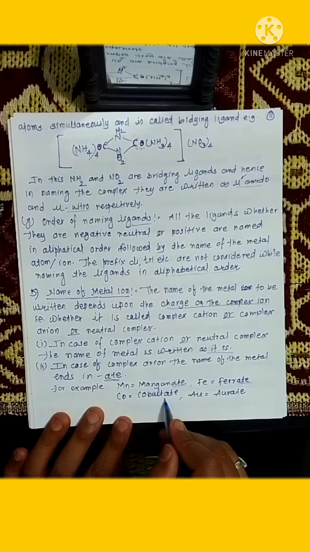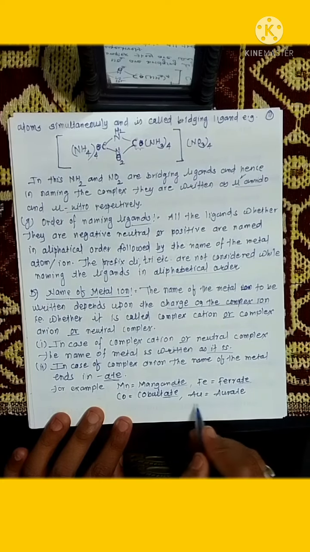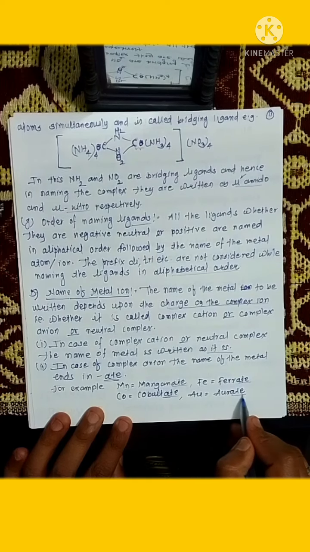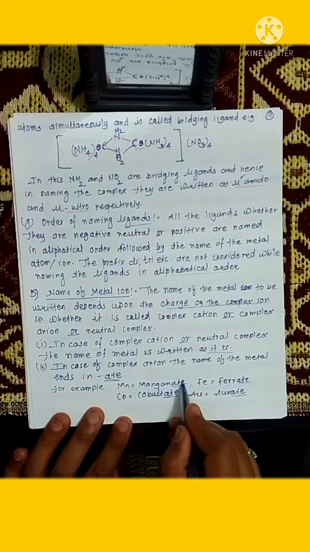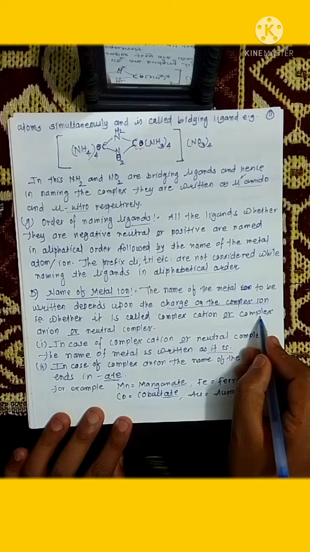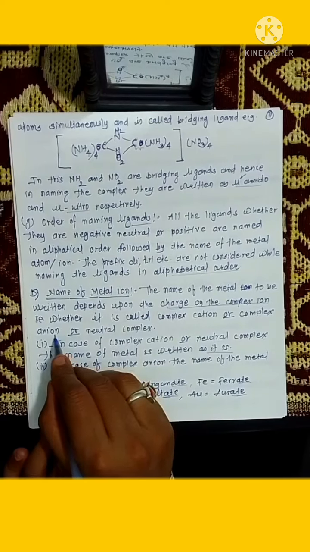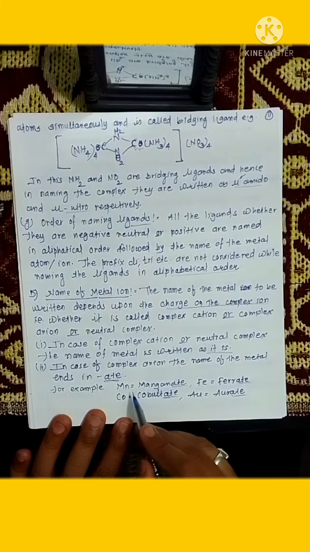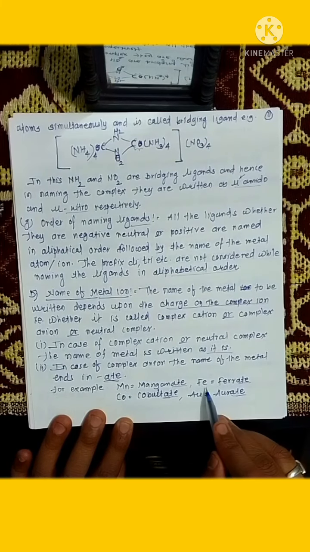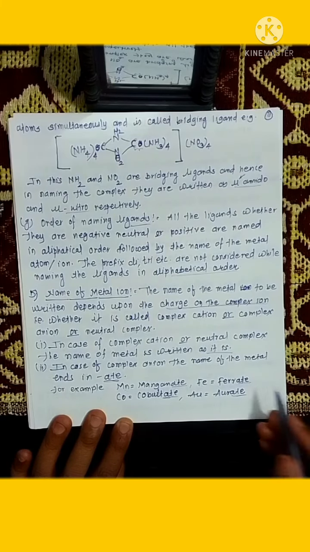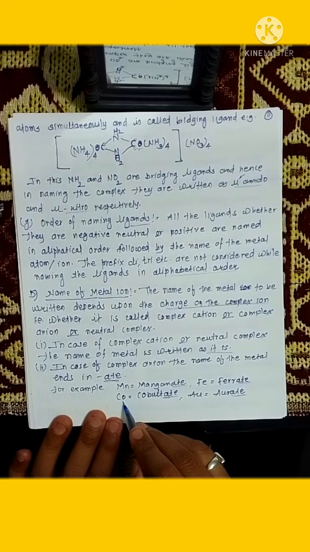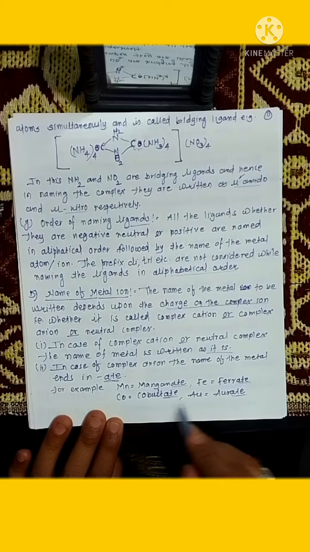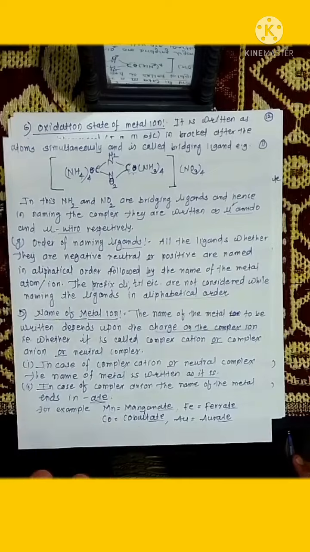Co, that is cobalt, is written as cobaltate, and Au is written as aurate. It is important, ATE comes only in case of a complex anion. In case of a complex cation and neutral complex, they are simply written as manganese, Fe as iron, Co as cobalt, likewise.